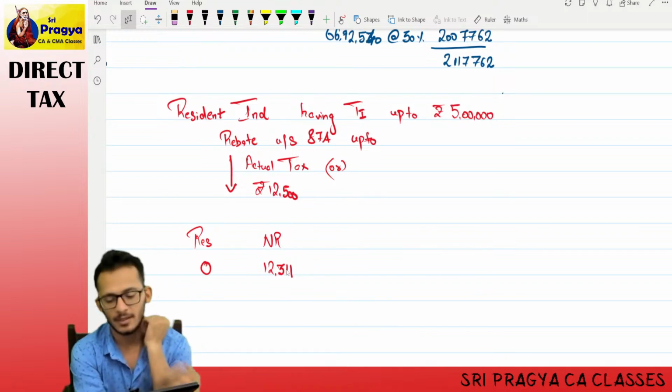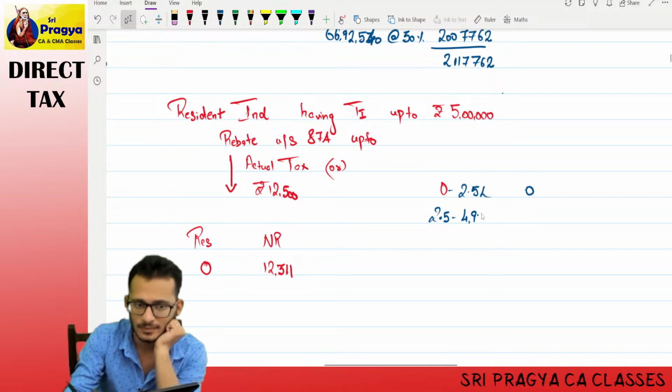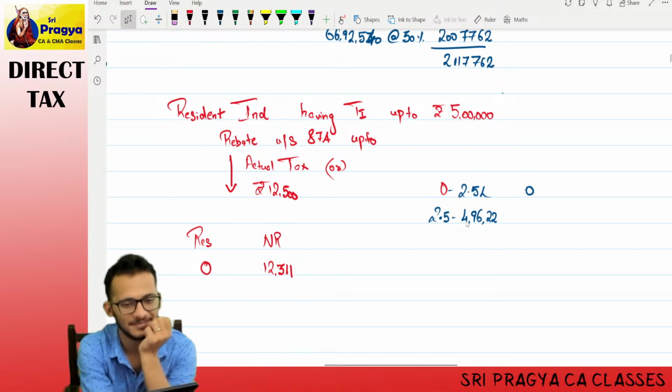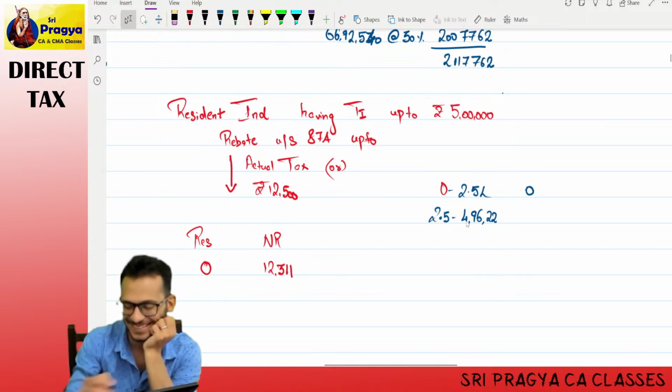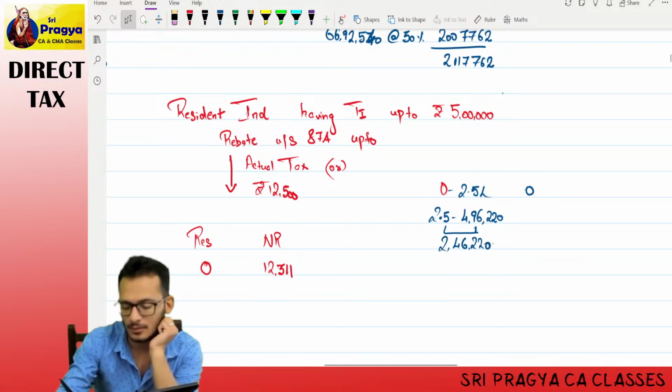You'll have to do the normal tax as how you're doing, meaning 0 to 2.5 lakhs is 0, then 2.5 lakhs to 4,96,220, the difference is 2,46,220, at the rate of 5%.